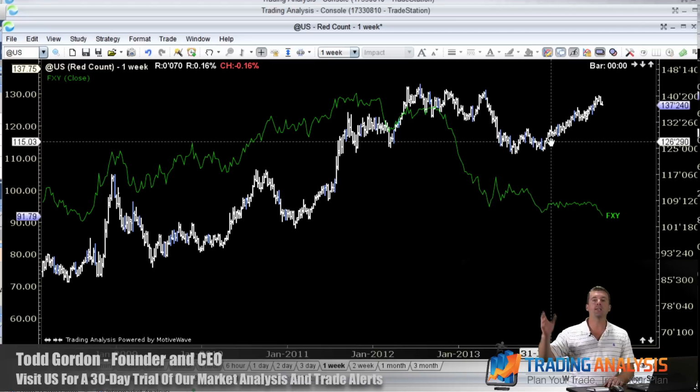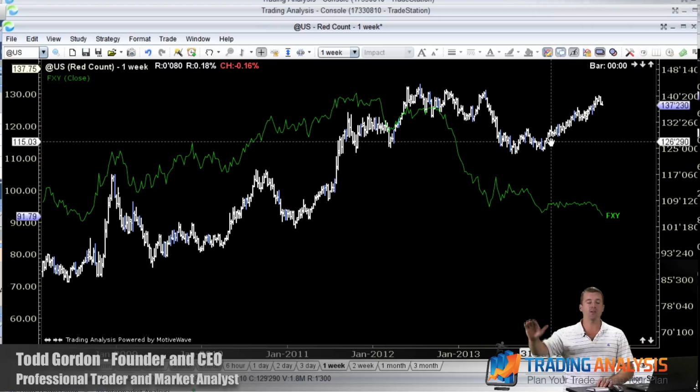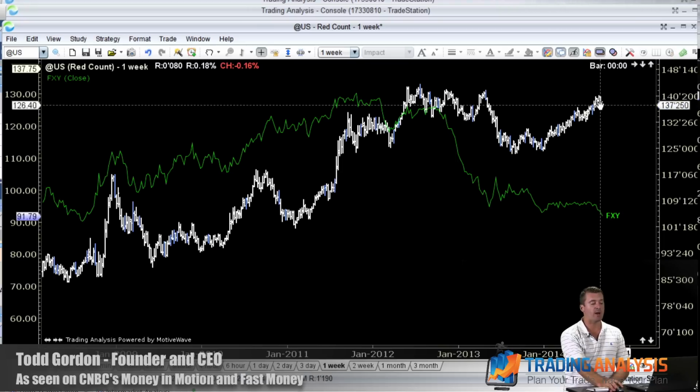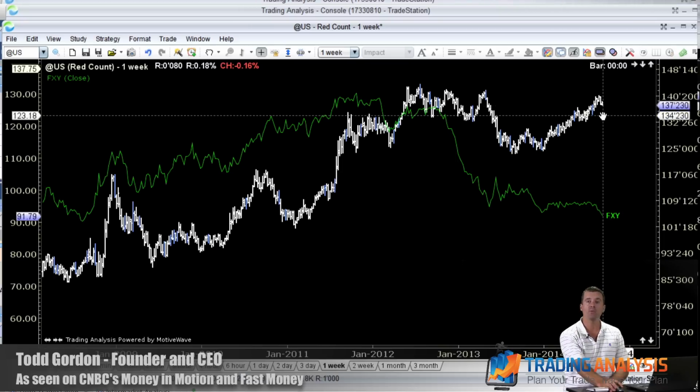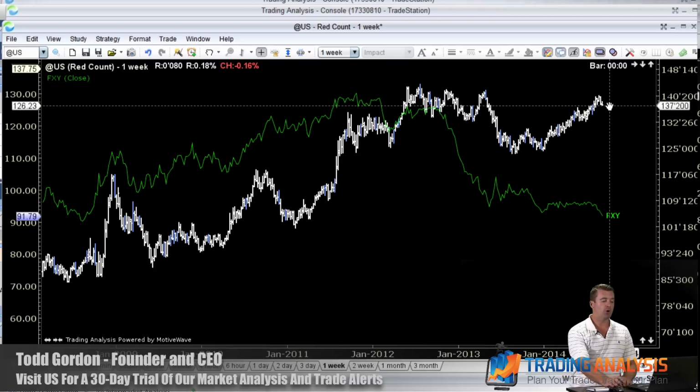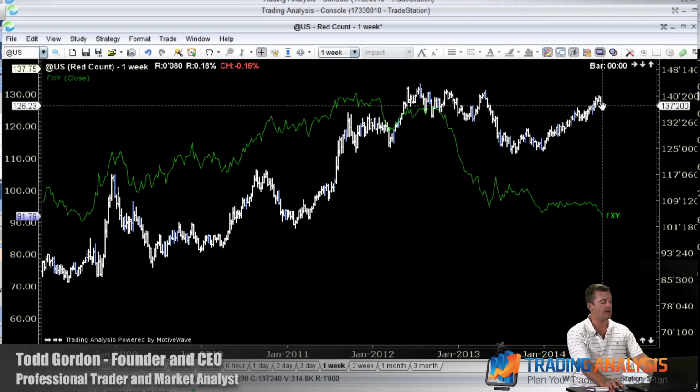Then all of a sudden, in 2014, you started to see that bond market rally while the Japanese yen just kind of went sideways and then just recently has broken down. We think it's time for the bond market to play a little bit of catch up and move down and kind of heed the warning that this weakening yen is giving us. Remember, a weakening yen means a strengthening dollar. So that is the macro intermarket theme behind us.